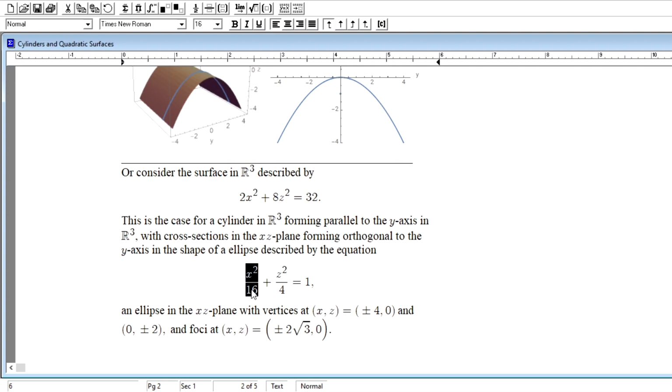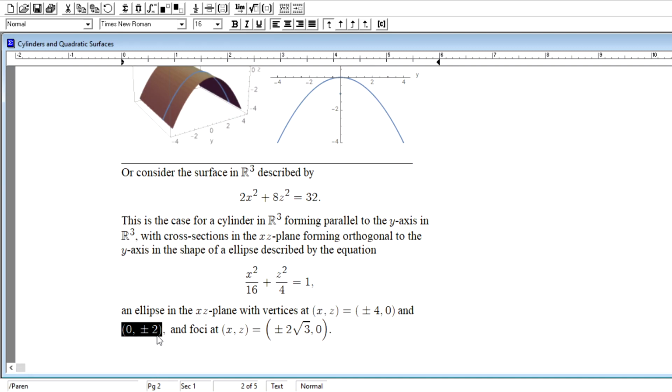And because the value under x is larger, that is going to be our major axis. We're going to see our major vertices along that axis at plus or minus 4, 0, the square root of 16. And our minor axis is going to be with respect to the z-axis, at plus or minus 2. We're going to describe these as xz coordinates here.